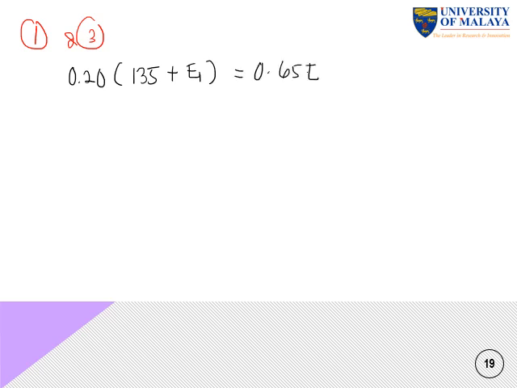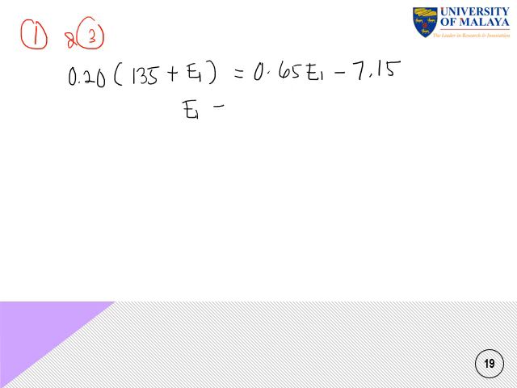So using equations 1 and 3, then you can use 0.2 and then replace the R2 with 135 plus E1 equals to 0.65 E1 minus 7.15. Then you can solve for E1.